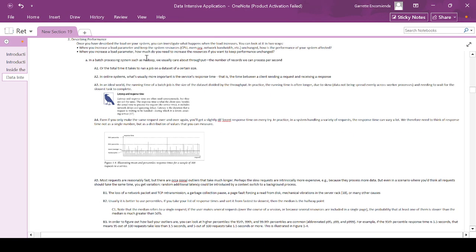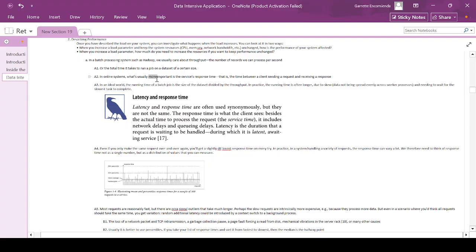In a batch processing system such as Hadoop, we usually care about throughput, the number of records we can process per second, or the total time it takes to run a job on a dataset of a certain size. In online systems, what is usually more important is the service response time, that is, the time between a client sending a request and receiving a response.